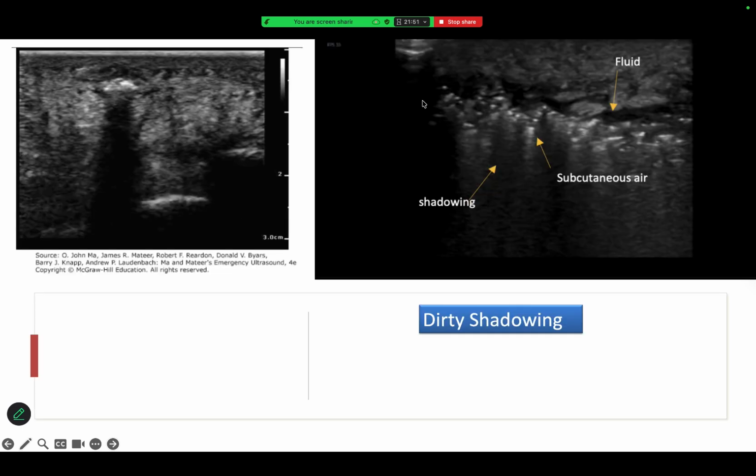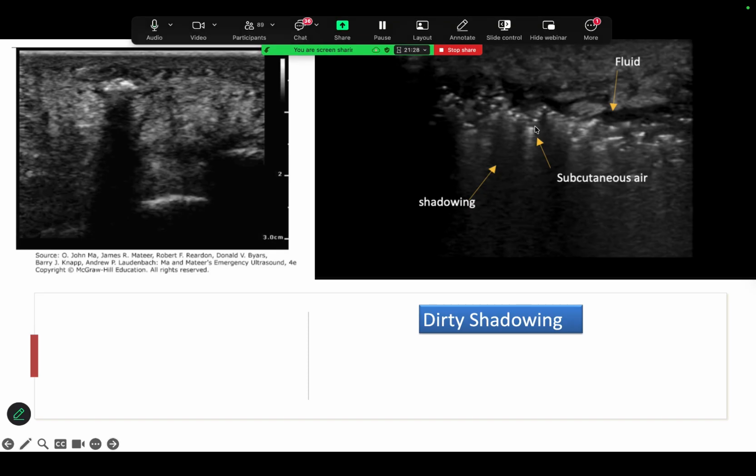Another finding we can have in necrotizing fasciitis is dirty shadowing. We can have some air in the subcutaneous layer with shadowing, but the shadow is dirty. What is the difference between dirty shadowing and normal shadowing? If you see here, there is a calcification. This calcification also has a shadow, and here the air also has a shadow.